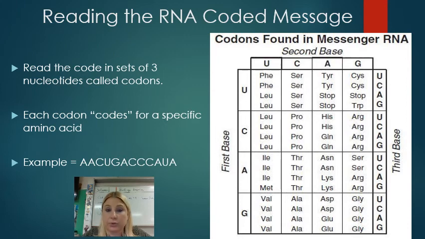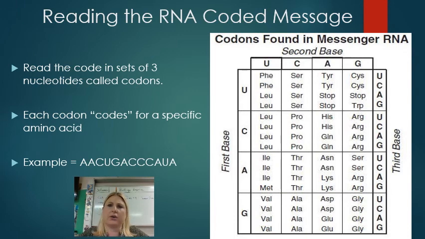Again, we read them 3 letters at a time. My first word is AAC. That forms 1 codon. My second one is UGA, that forms my second codon. Then I have CCC, which forms my 3rd codon. And then I have AUA, which forms my 4th codon. So actually, there are 4 amino acids in this message.